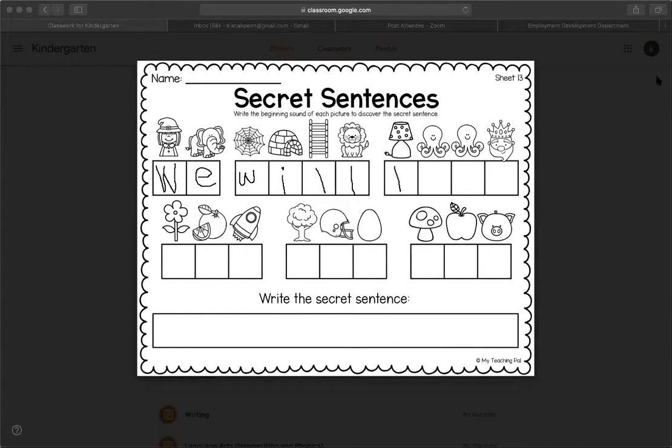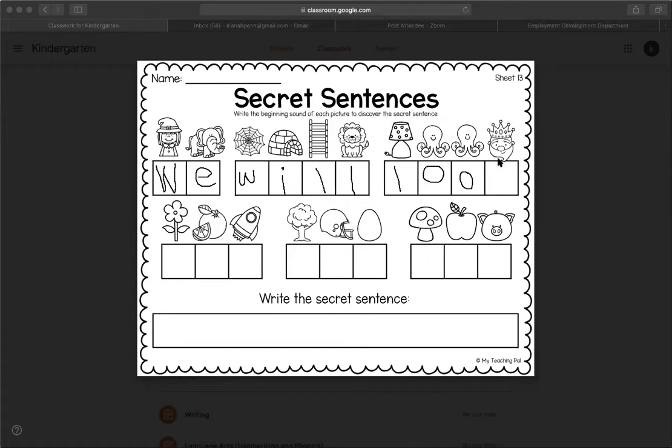And Jax, can you tell me what the next picture is? Octopus. And what letter does that start with? O. So you're going to write an O. And because we know that there's two octopus, we're going to write another O. Alexa, can you tell me what the next picture is?